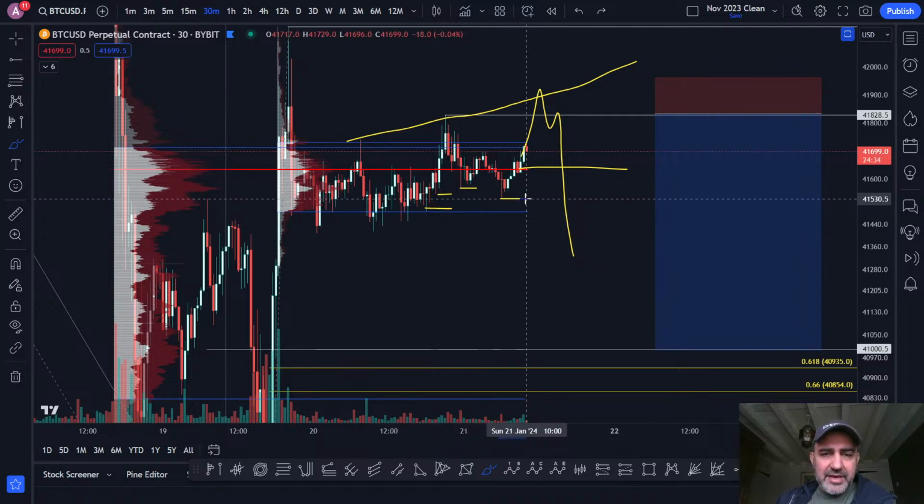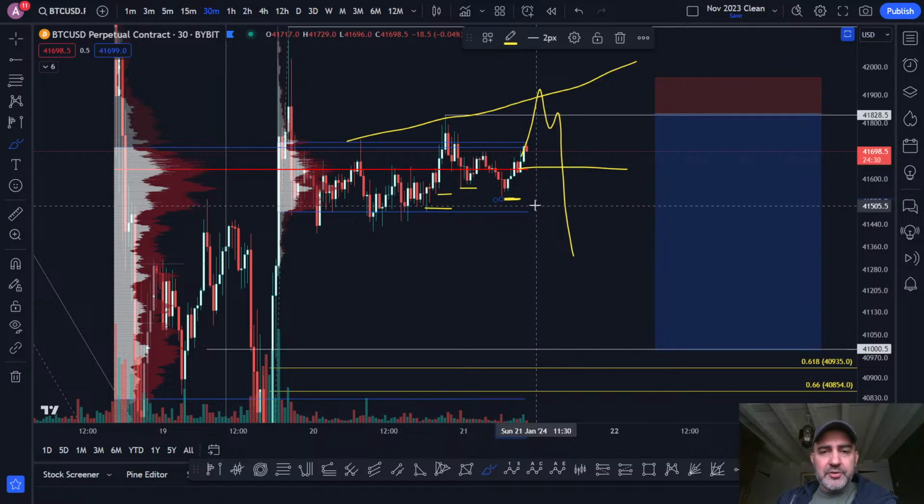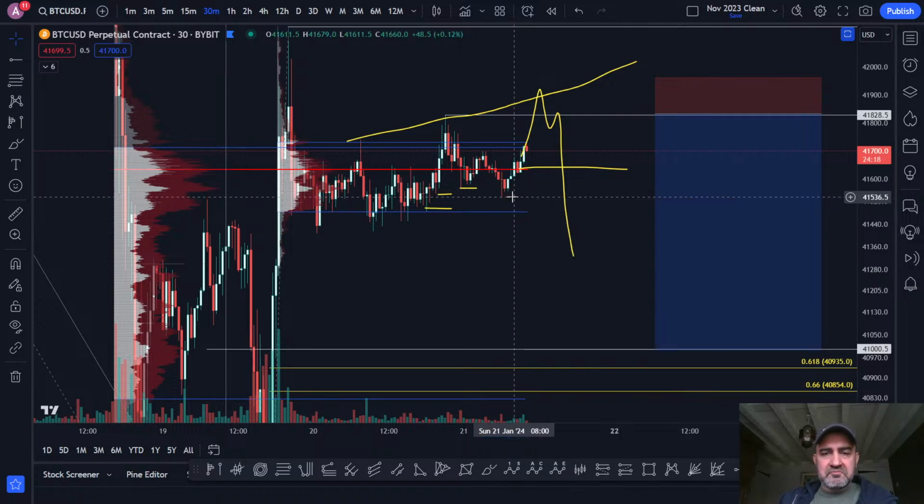So I think maybe if we get a close underneath this wick, then I think it's possible to short that. That would be your signal. And obviously, if it closes underneath the value area low, that would be even better. And that would be very different behavior to what we're seeing now.